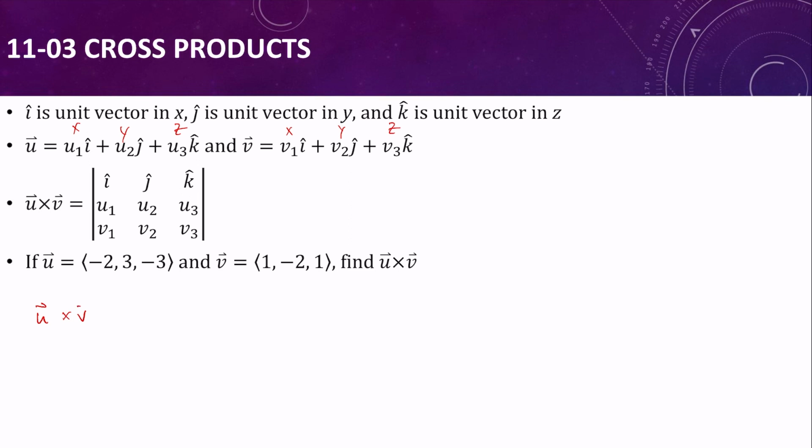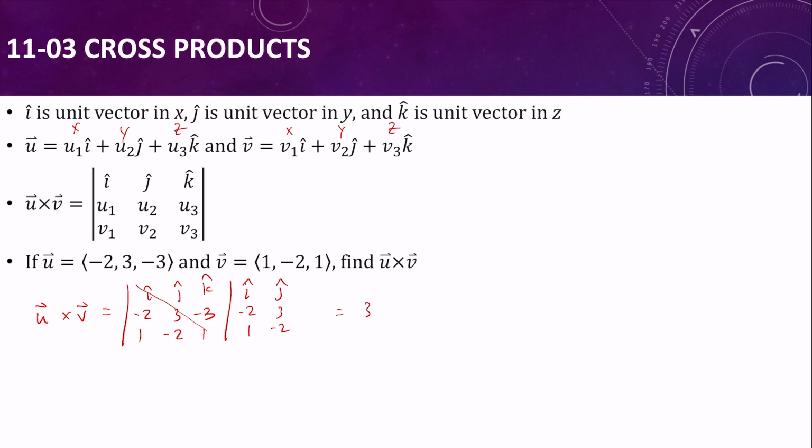All right, u cross v, i, j, k. The first one, the second one. To find the determinant, copy the first two columns.